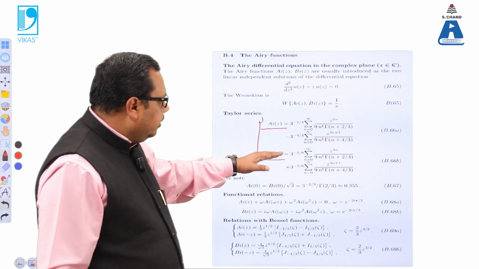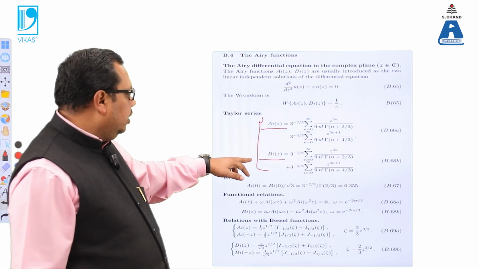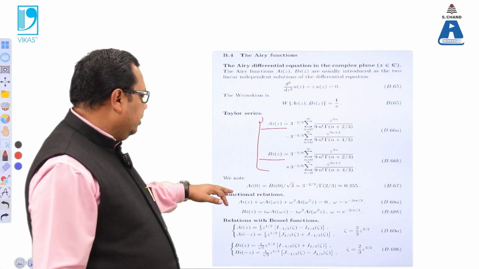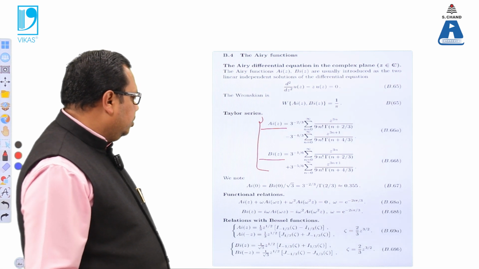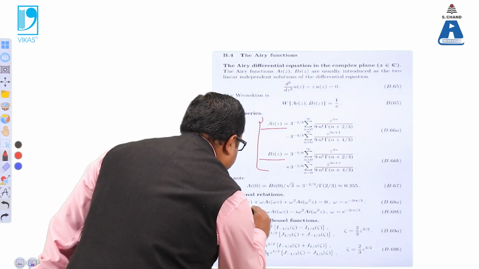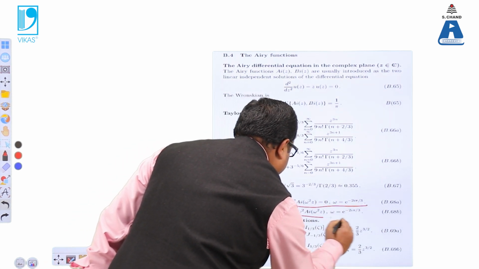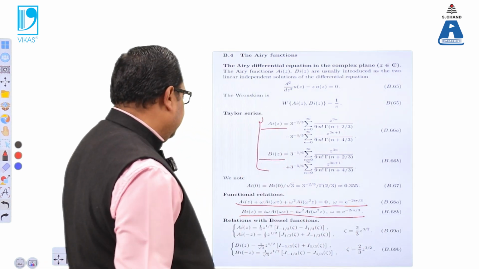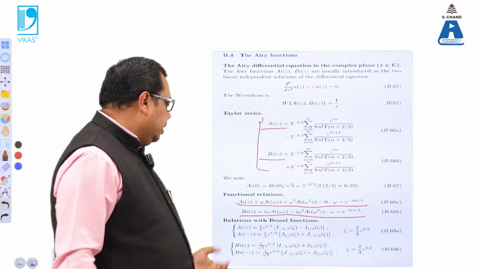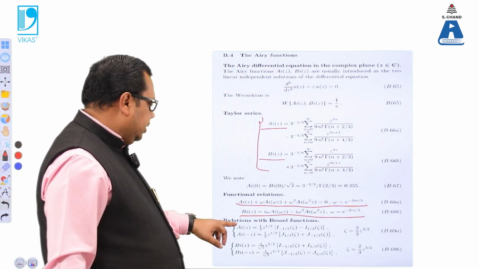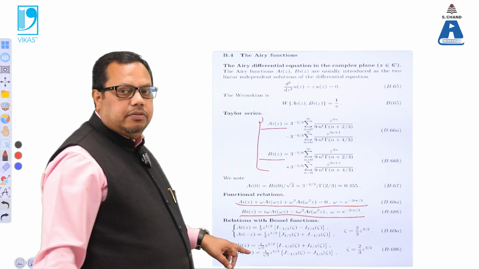Similarly, we are calculating it for the Bi(z) also. So here we can see Ai(z) and all these omega values, and this is the equation that calculates the change. This is basically the relation with Ai(z) and Ai(minus z), which is forming the Bessel equation.